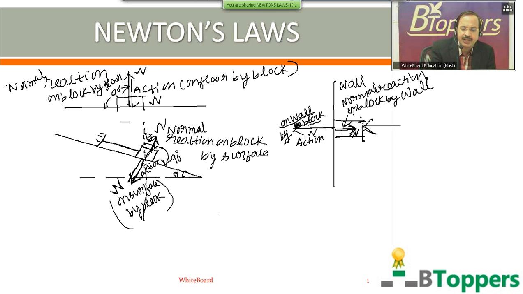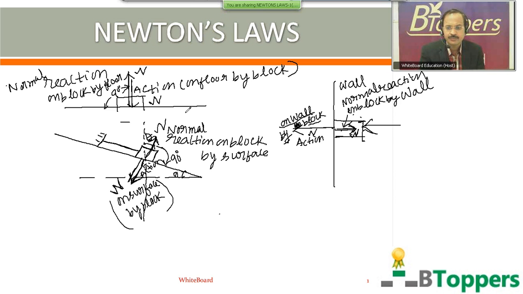That means here the normal reaction force acts at an angle theta with the vertical. But in each case you can observe that the normal reaction force on the block by the surface in contact acts perpendicular to the surface in contact and it is directed away from the surface in contact.